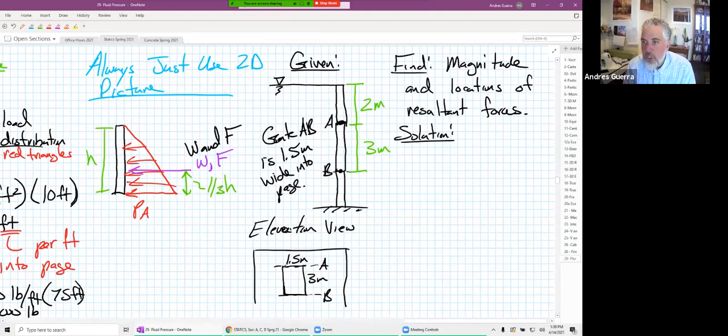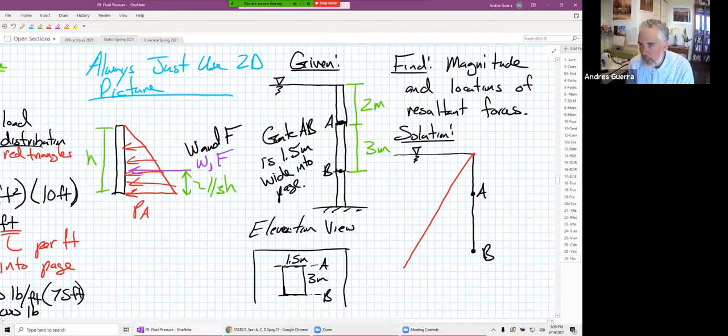So for our solution, let's start by drawing an FBD. We have point A right here, and then let's draw a little bit below that, point B is right there. Our phreatic surface is here. It's not exactly an FBD. This is really more of just drawing the pressure distribution. So our pressure we know is going to start at 0 here, and it's going to be linearly increasing as we go with depth.